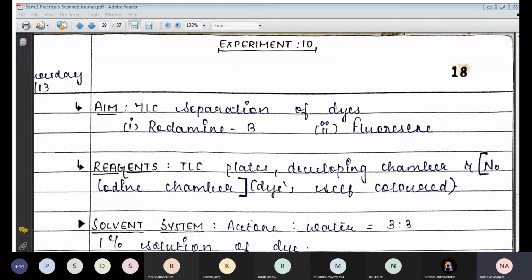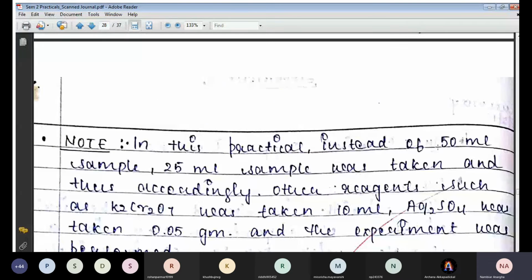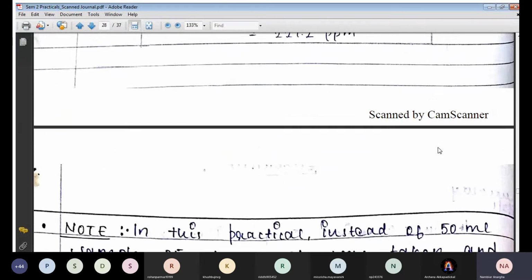So we will be separating, I mean, if you were in the lab, you might have separated these dyes. However, we do not have that access. Let us see how we do that. We are using a TLC plate to separate two dyes, rhodamine B and fluorescein.